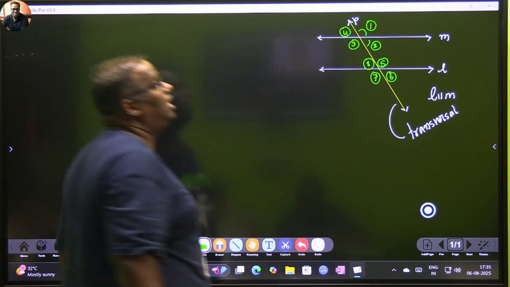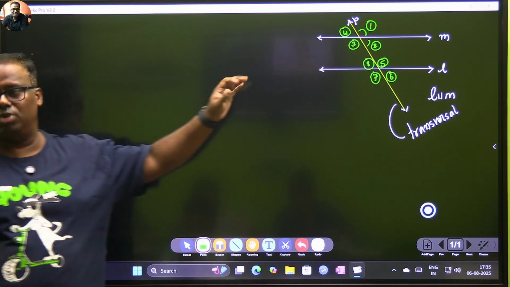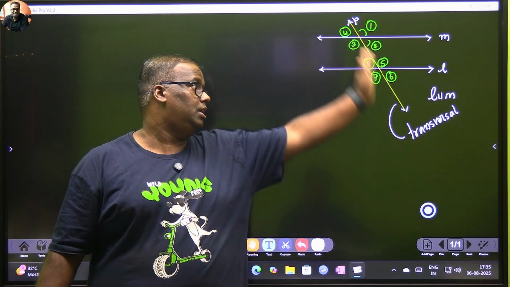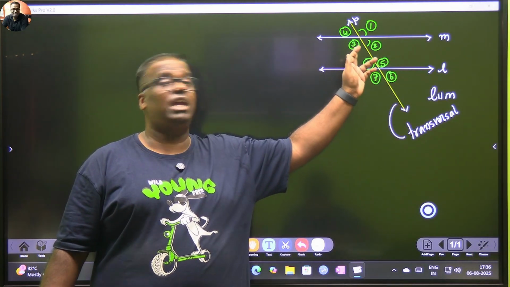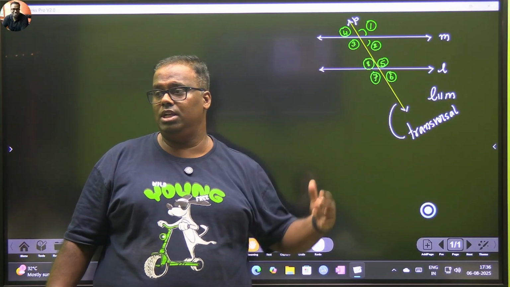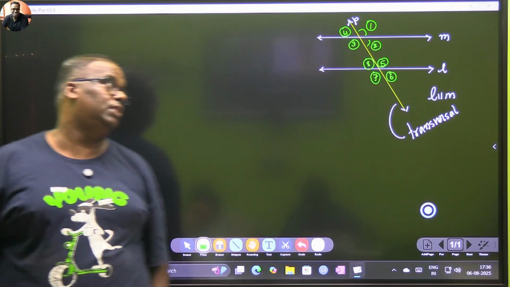We have 8 angles formed. First try to understand, then I'll give you time to write. Have you understood this part? Two parallel lines cut across by a transversal give rise to 8 angle formations, and there are some relations which you will need throughout your study career. So understand them very nicely.